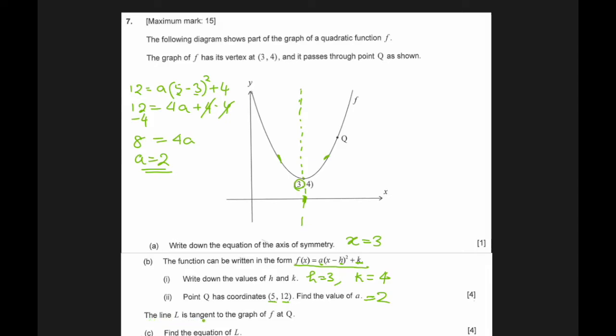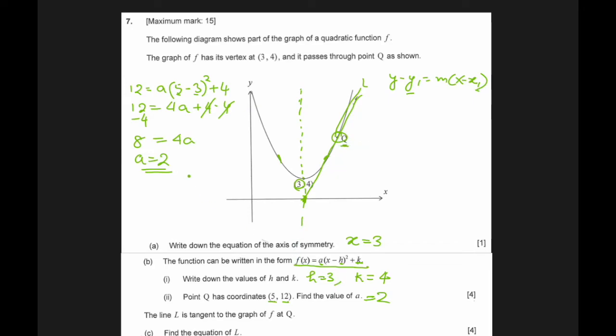The line L is tangent to the graph of f at Q. Let me draw that tangent, something like this. At Q it is not crossing, it is touching the graph. Find the equation of L. So we have to find the equation of this tangent line L. What is the equation of a line? y minus y1 equals m times (x minus x1), where y1 and x1 are the coordinates of a point on the line, and Q is the point on the line.